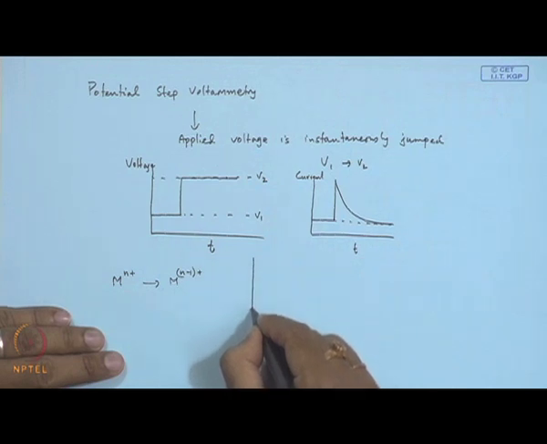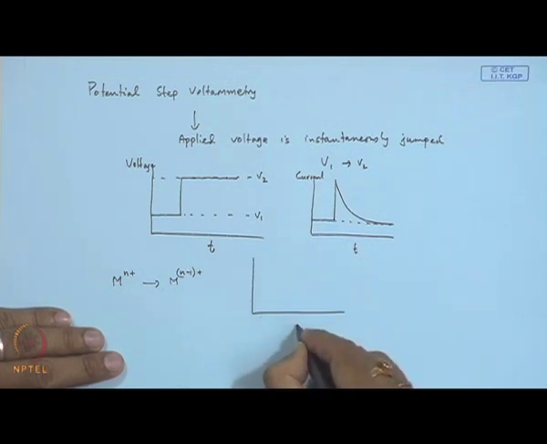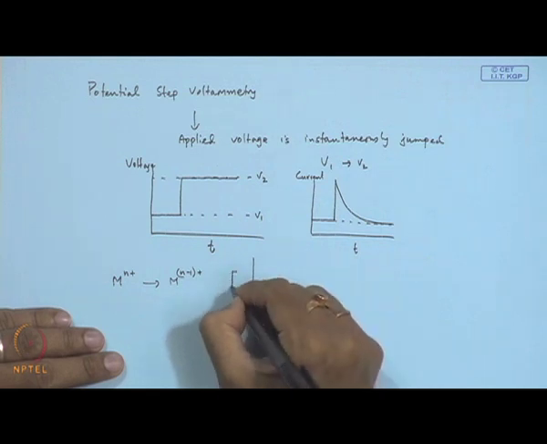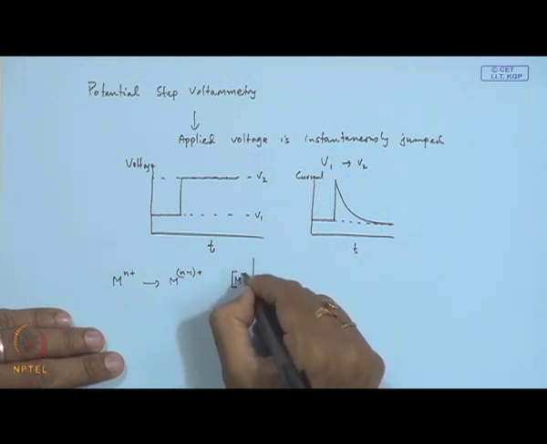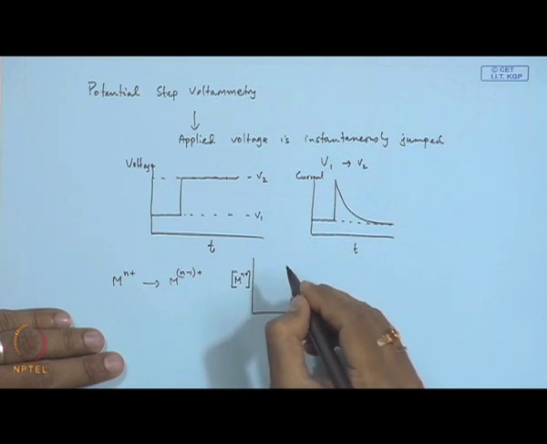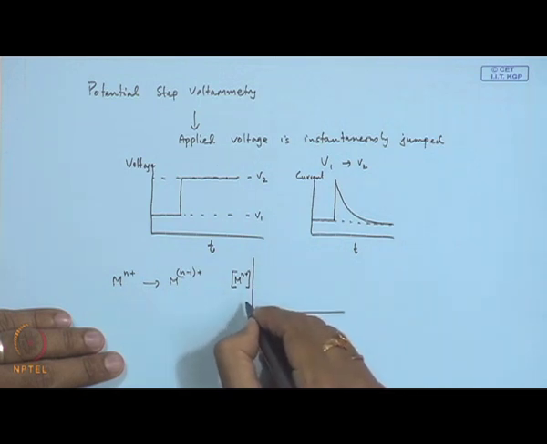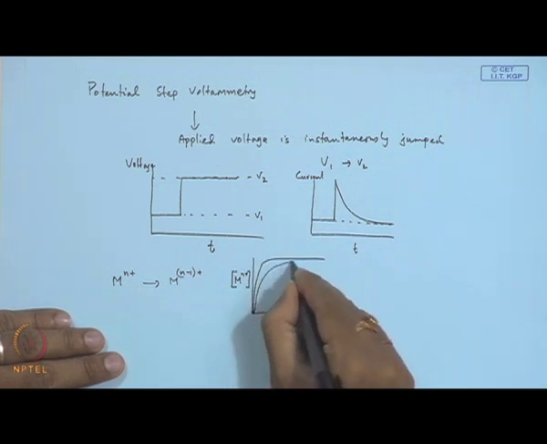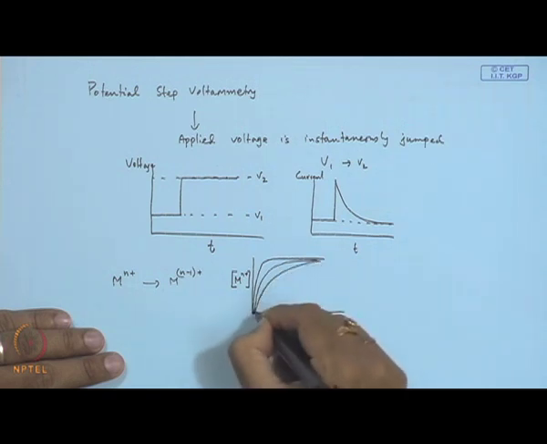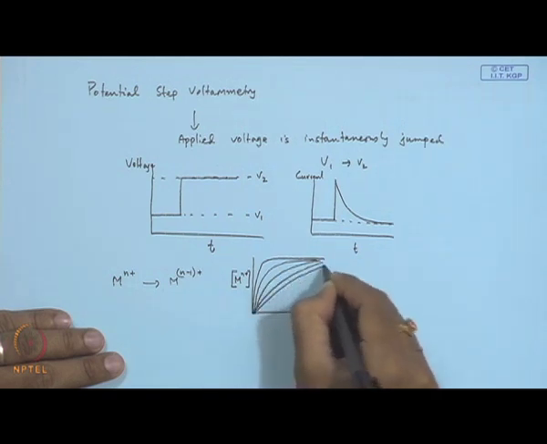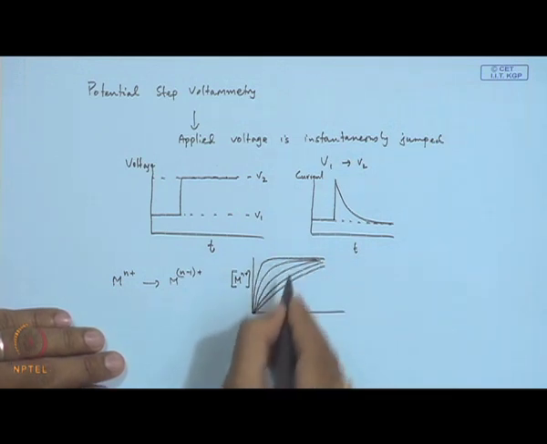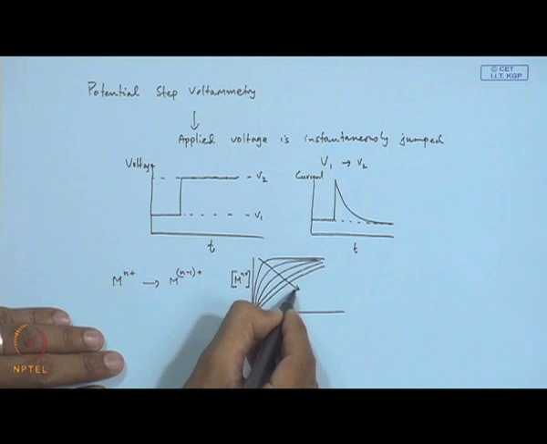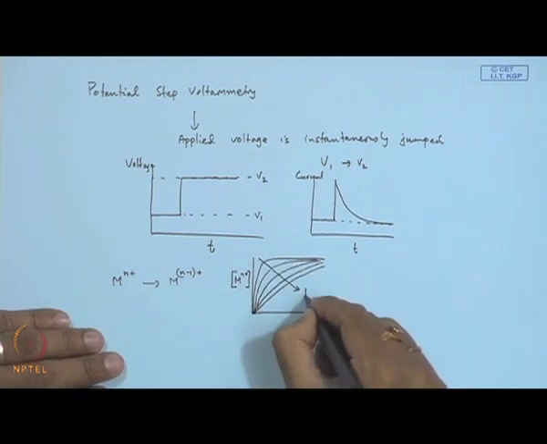So this is your distance d, and this is your concentration of, say, Mn+ as a function of time. If you plot it, it becomes something like this. Okay, so these are at different times, t increasing.